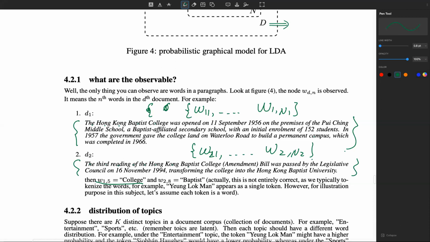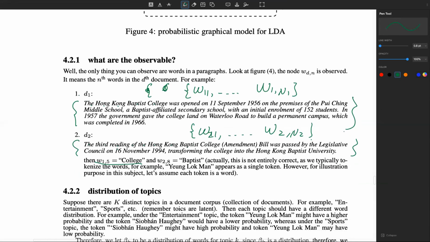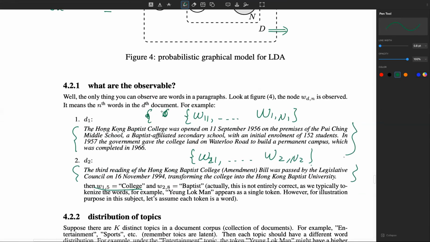There are a few pre-processing steps involved, but for the purpose of this subject, let's just consider every single word as a token. So that's your observation.